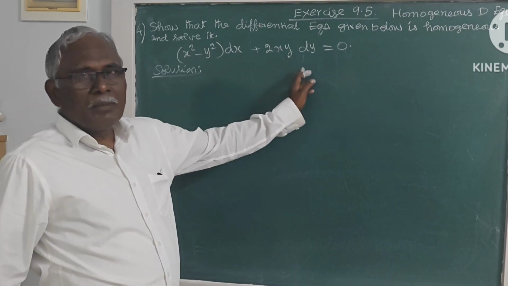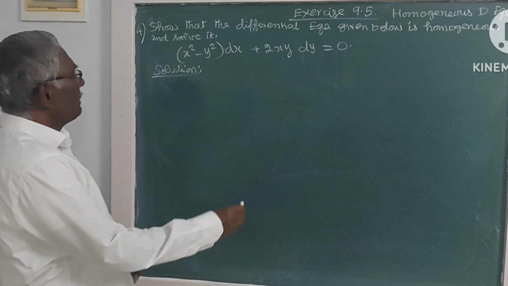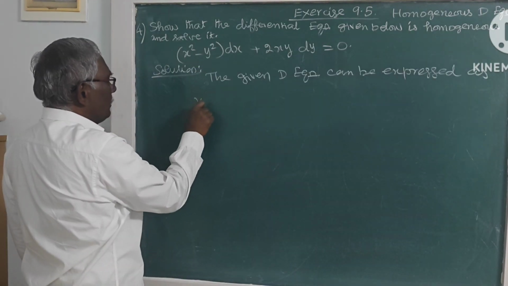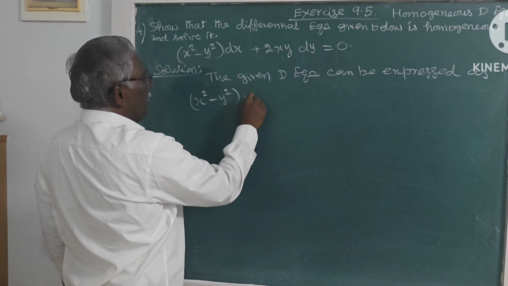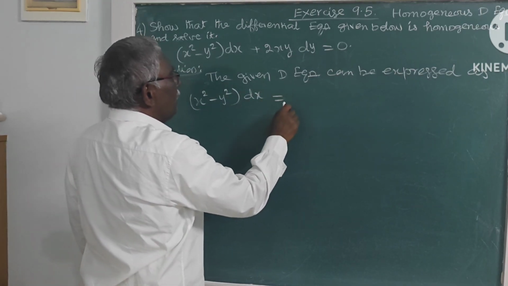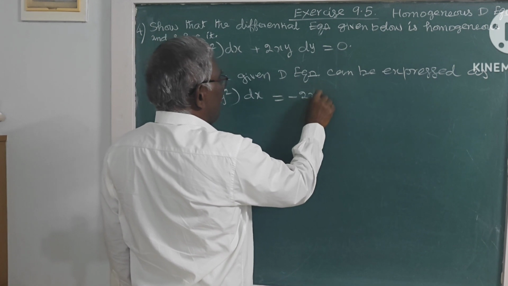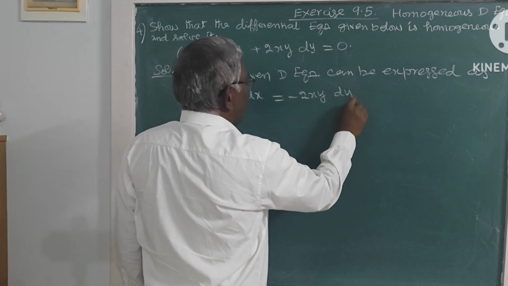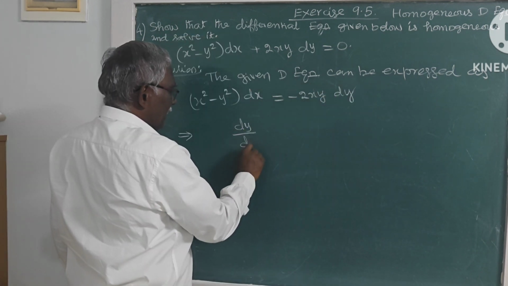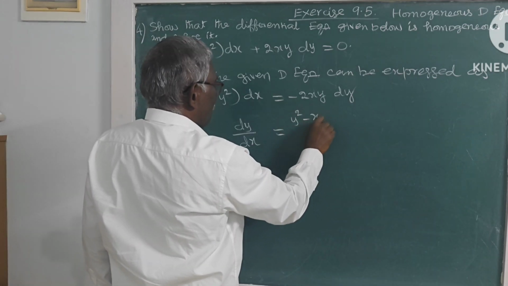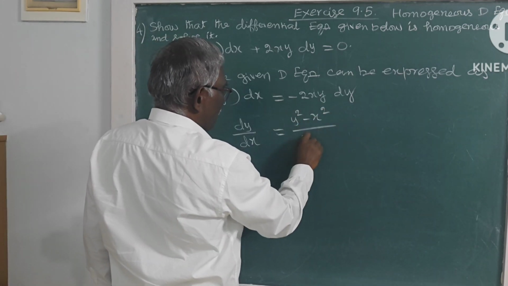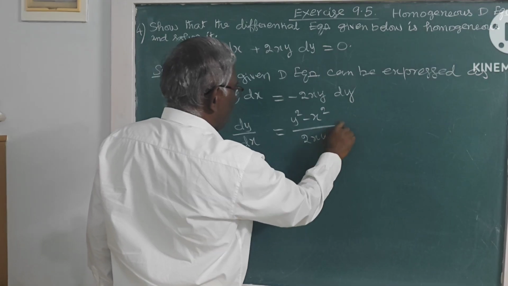So the given differential equation can be expressed as y square into dx is equal to minus 2xy dy. So dy by dx is equal to y square minus x square by 2xy.